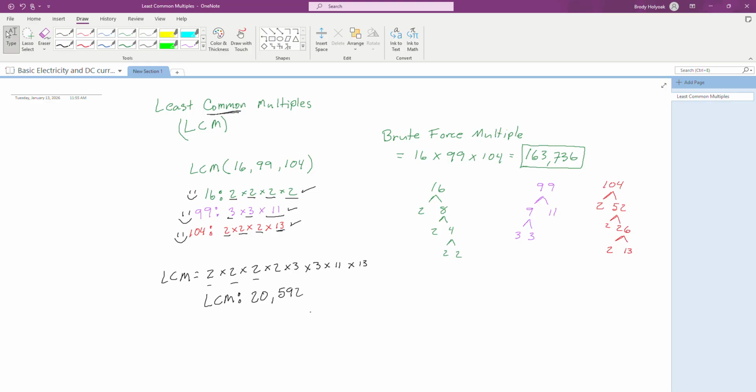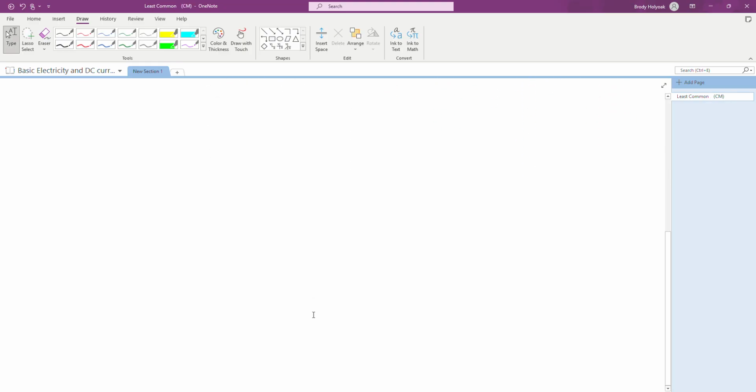Okay, so let's look at another example. For least common multiples, I want to simply find the least common multiple between the numbers 2, 4, and 9. Now again, if I take the brute force method, I'm going to go 2 times 4 times 9.